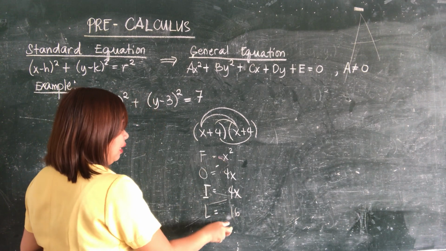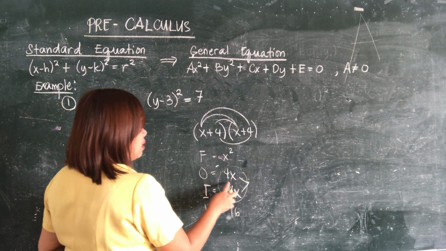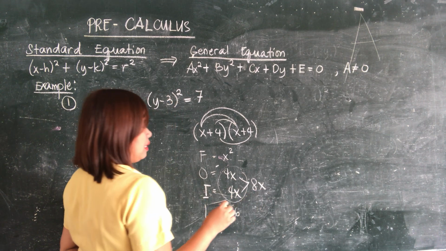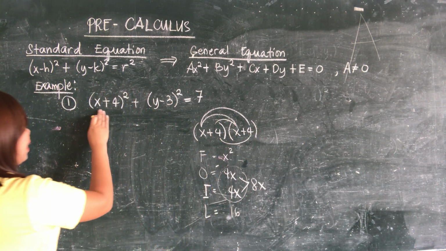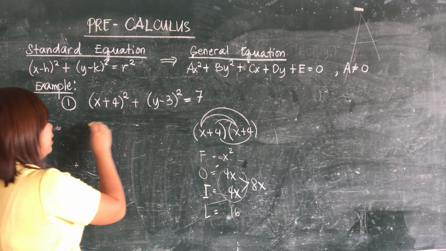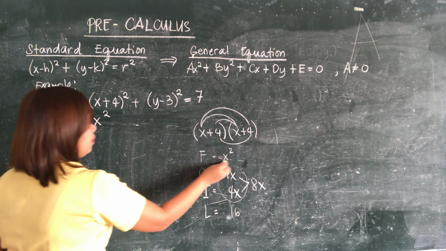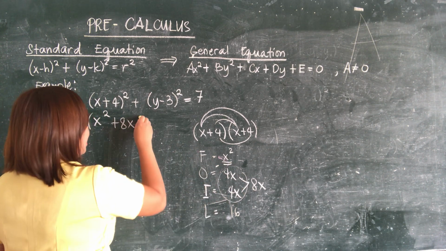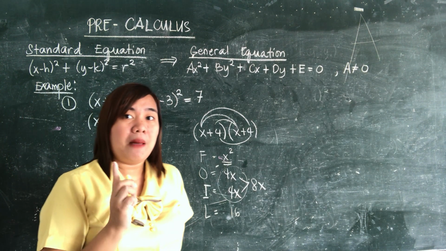And then after writing that in FOIL method, you combine like terms, 4x and positive 4x, that will give you 8x. Therefore, x plus 4 times x plus 4 or (x plus 4) quantity squared will give you x squared plus 8x plus 16. That is using the FOIL method.